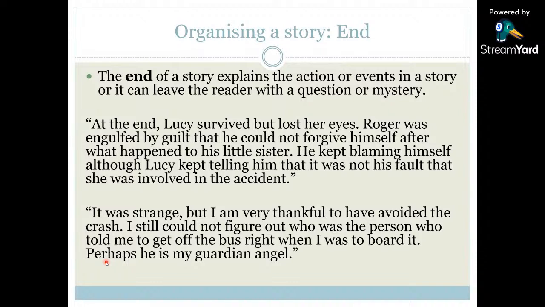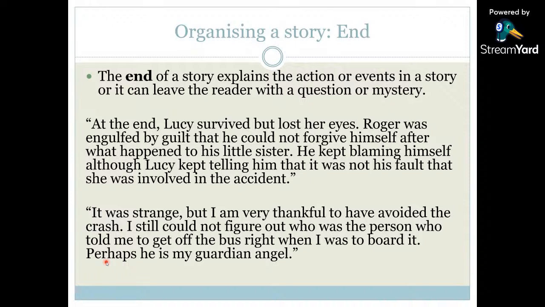Jadi untuk yang perenggan kedua ni was strange. Jadi macam pelik, tapi saya rasa bersyukur sebab terselamat daripada kemalangan. Okay, mungkin dia nak naik bas tapi tak jadi naik bas tu, and then tiba-tiba bas yang sepatutnya dia naik tu accident. Alright, I still could not figure out who was the person who told me to get off the bus right when I was to board it.